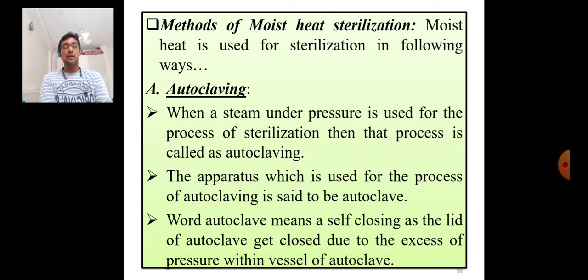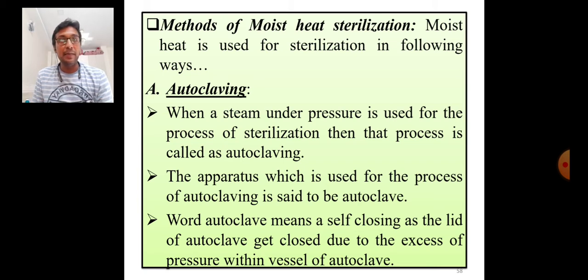Try to understand. To explain the working mechanism of the autoclave simply, remember that in our daily household use we use a cooker. You know very well the cooker is a kitchen device. The autoclave works on the same principle as the cooker.